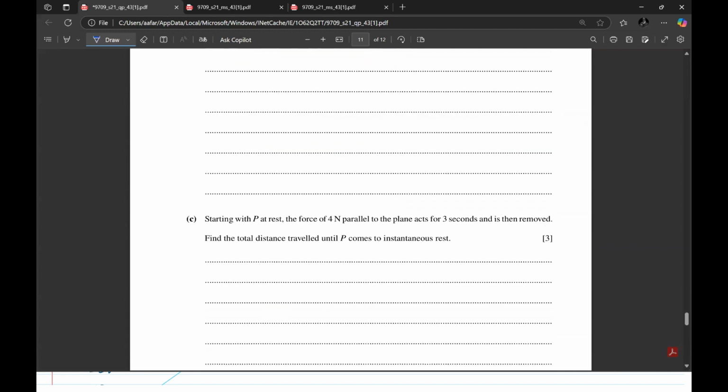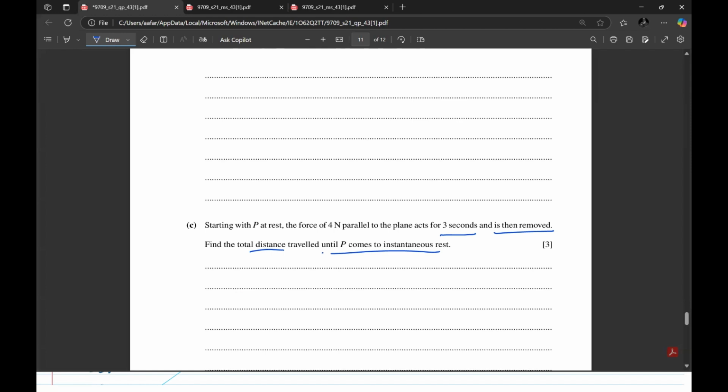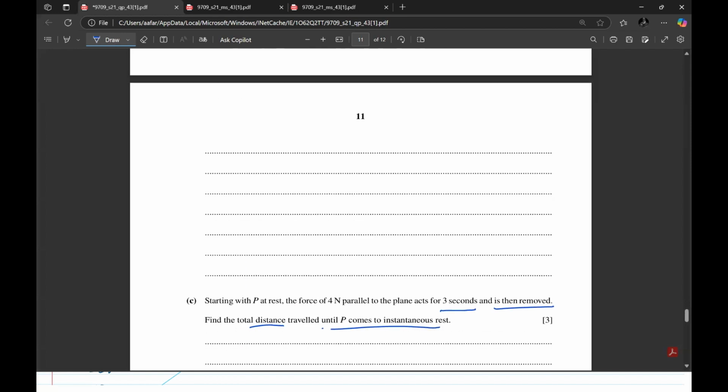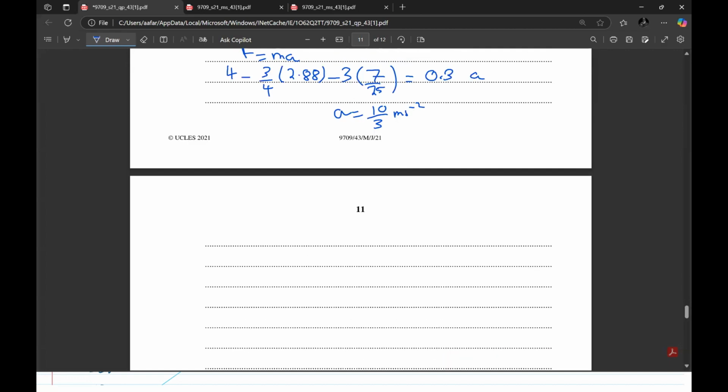Starting with P at rest, the force of 4 Newton parallel to the plane acts for 3 seconds and is then removed. Find the total distance traveled until P comes to instantaneous rest. Okay. So for the first 3 seconds, it has a constant acceleration of 10 over 3, right?